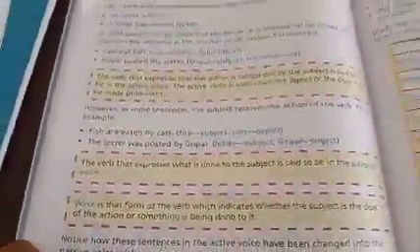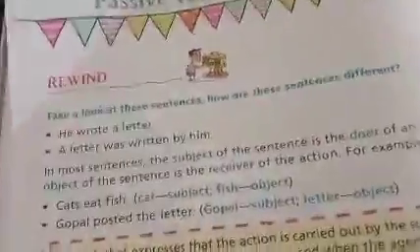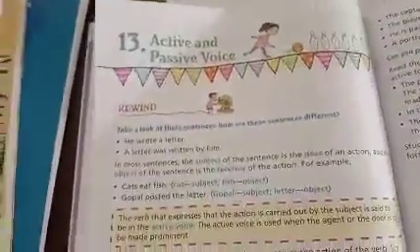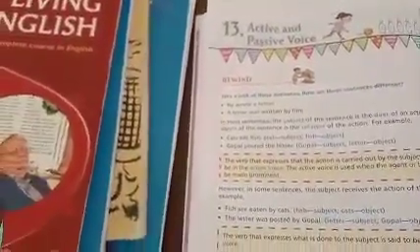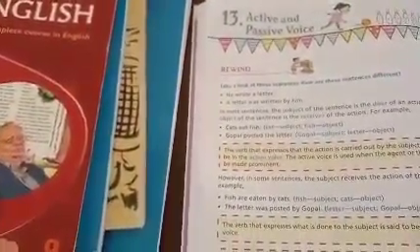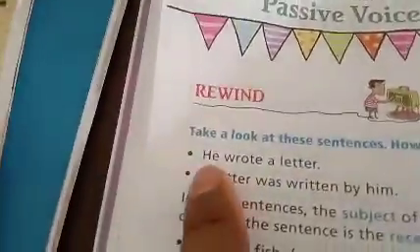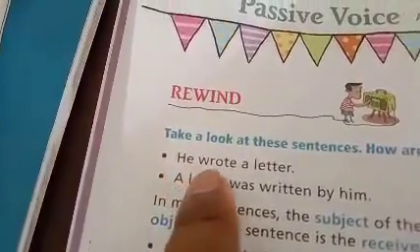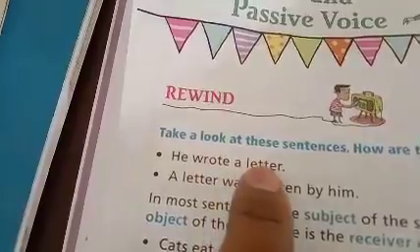And now, when you talk about passive voice, it's fully different. In a passive voice, you have to change it in the form like that. Here, in "he wrote a letter," he is subject, wrote is verb and a letter is object.